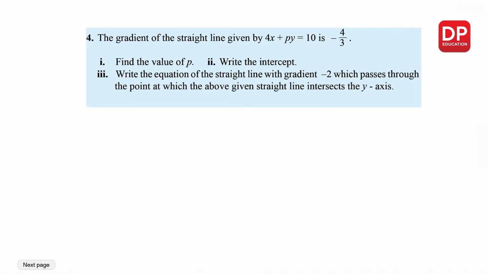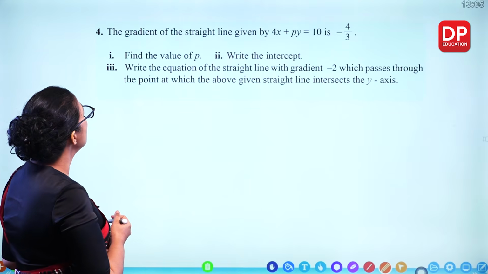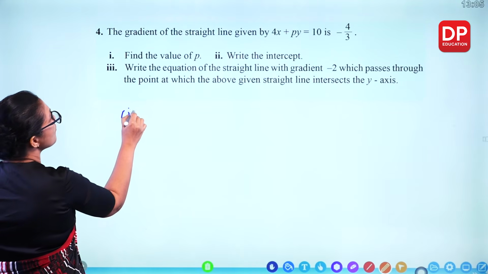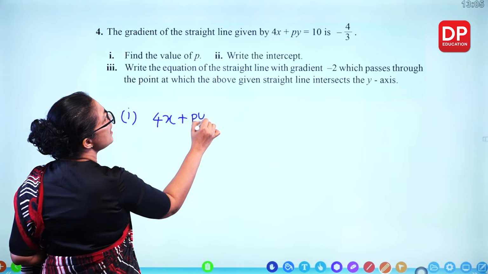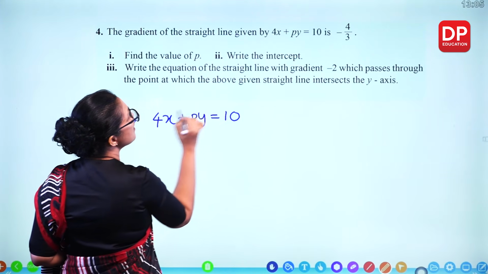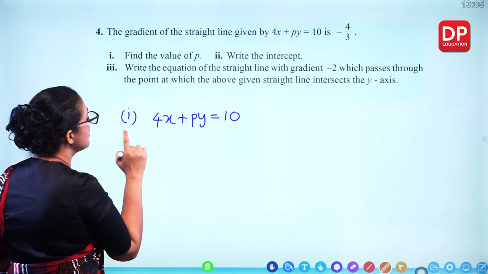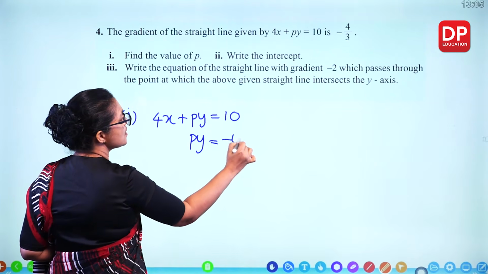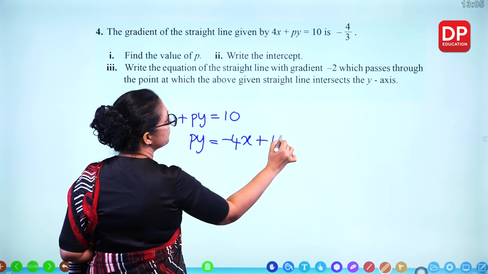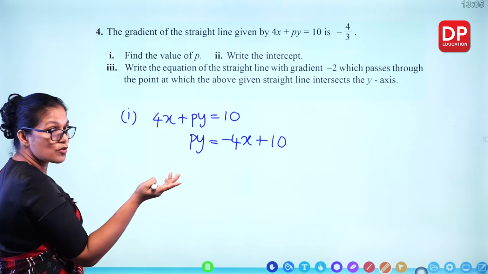Question number 4. The gradient of the straight line given by 4x plus py equals 10 is minus 4 over 3. Find the value of p. Equation is 4x plus py equals 10. Rearrange it. Py equals minus 4x plus 10. 4x, take it to the other side.